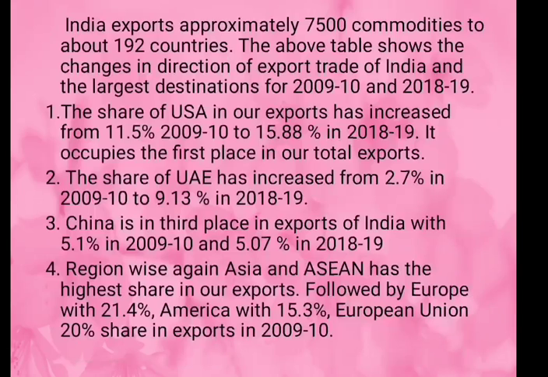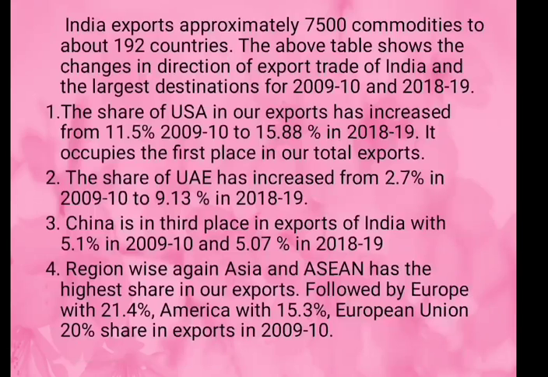India exports approximately 7,500 commodities to about 192 countries. The table shows the changes in the direction of export trade of India and the largest destinations for 2009-10 and 2018-19.